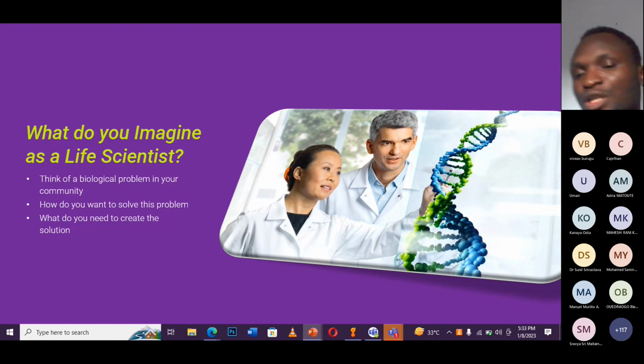We are actually going to be talking about NGS metagenomics, but how would this NGS metagenomics be of value, be of use?